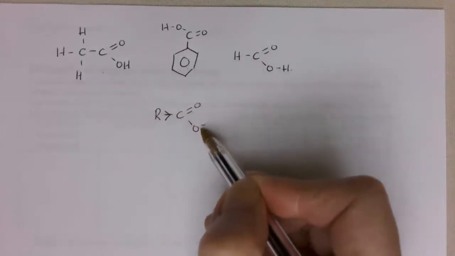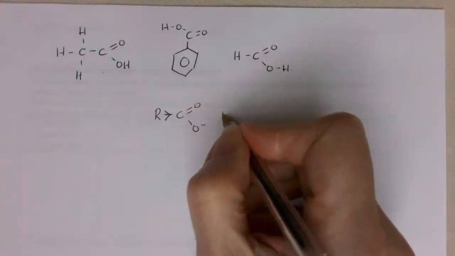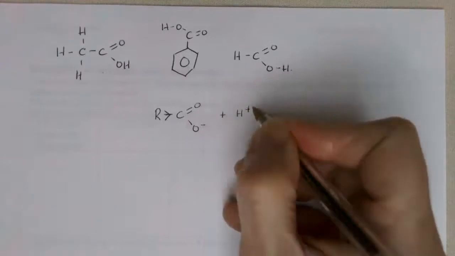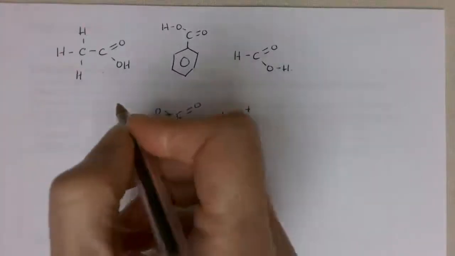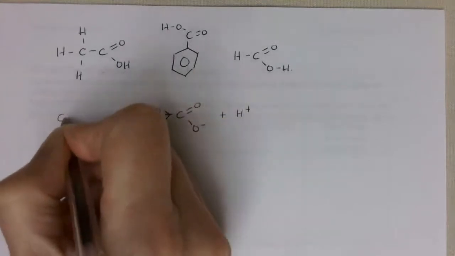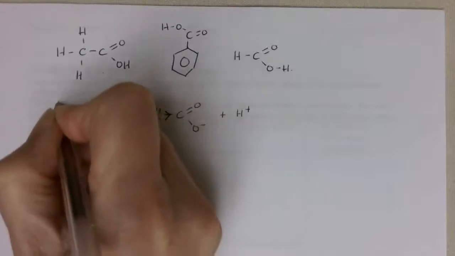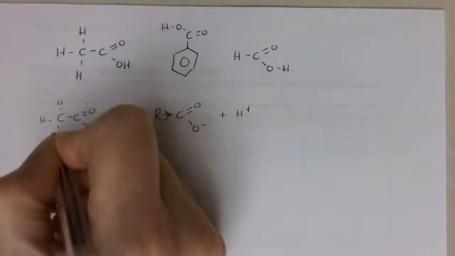This is going to increase the electron density on that O negative, and it's going to mean that hydrogen ion is much more likely to join back on, and this reaction is likely to go backwards, or at least the equilibrium position will lie further over to the left hand side.